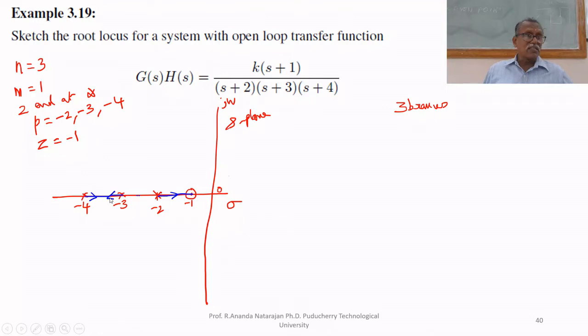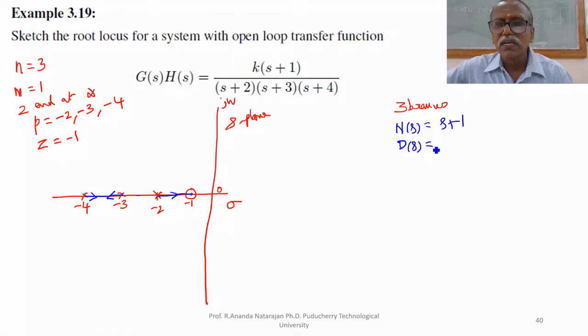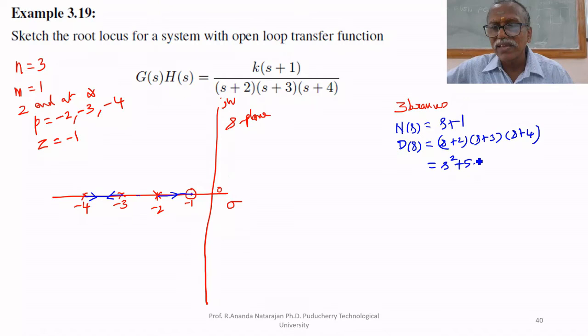Now we have to find the repeated roots. Therefore, what is N of s? N of s equal to s plus 1. What is D of s? D of s equal to s plus 2 multiplied by s plus 3 multiplied by s plus 4. What is that? s square plus 5s plus 6 multiplied by s plus 4.